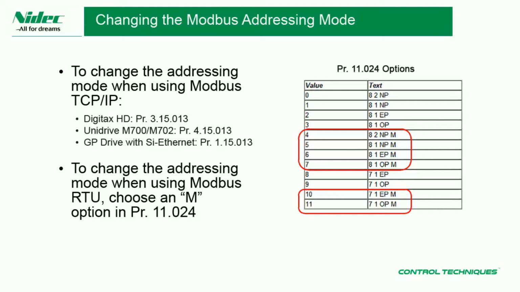The actual value you choose to use will depend upon the serial communication requirements for your PLC or HMI. After changing the mode, you must reset serial communications by turning on menu 11, parameter number 20. This parameter will turn off by itself once it's turned on.